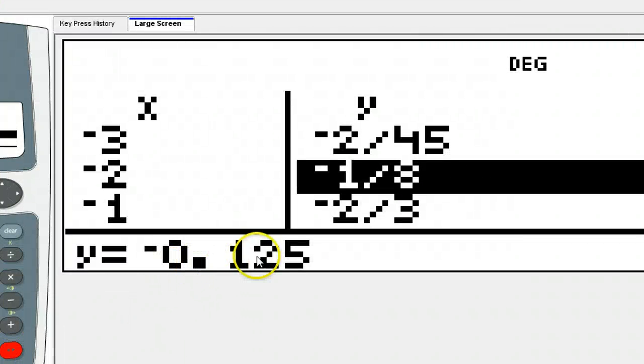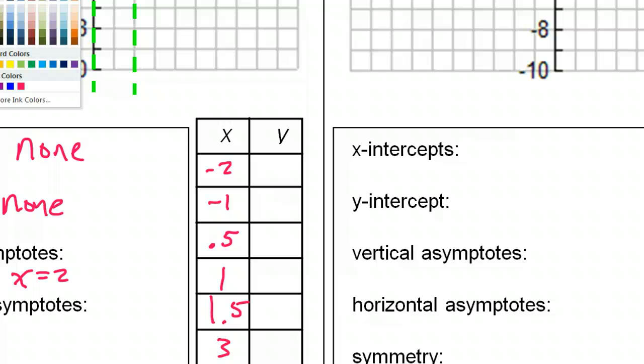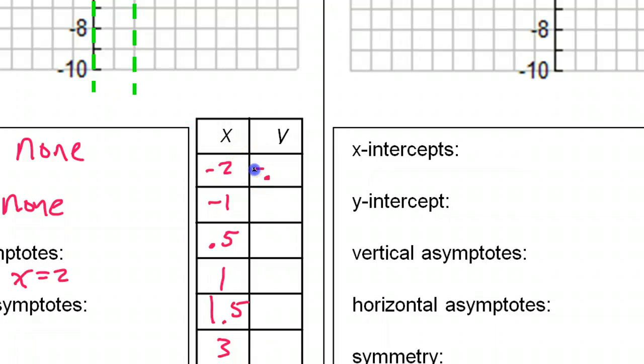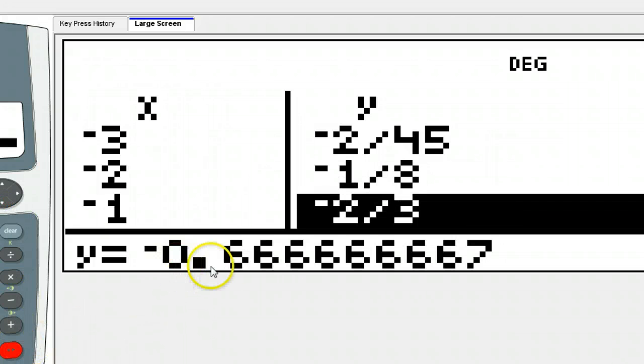So -0.1. And at -1, I've got 2/3, which of course is -0.7.